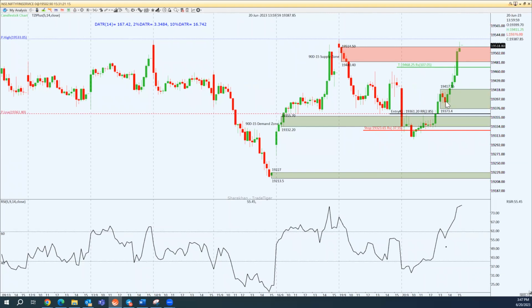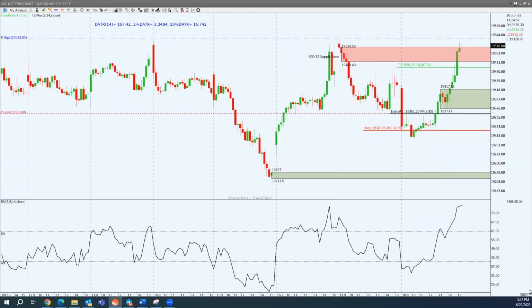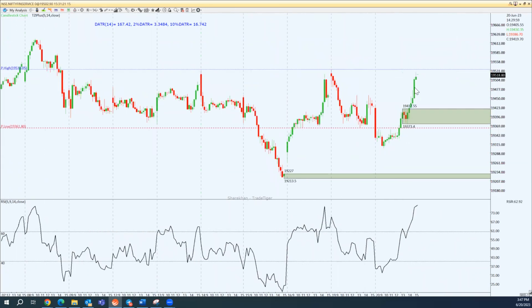Now we'll see what will be the levels for tomorrow. Let me remove all these entry lines and all. So for tomorrow, if the price directly comes to this demand area, I don't give much weight to this demand area in Fin Nifty, because as I always say, while forming this demand area, it has to break some prior highs.